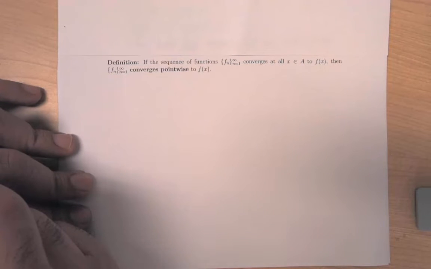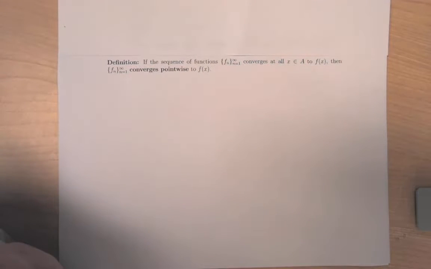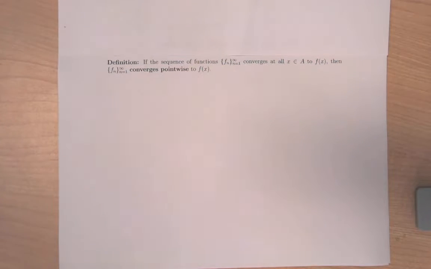So what does it mean for a sequence of functions to converge to a function? Well, if the sequence of functions converges at all x in the domain to f of x, then we say the sequence of functions converges pointwise to f of x.